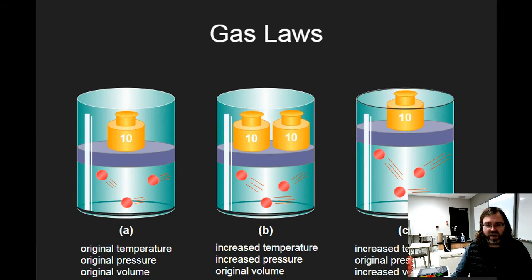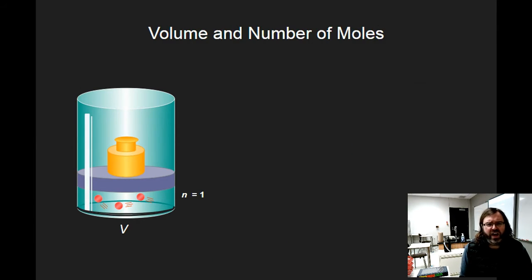We've already talked about those. But what we haven't talked about is what if we change the number of particles? In the last three laws, we said the number of particles in that gas sample has to stay the same. But what if we increase the number of particles?